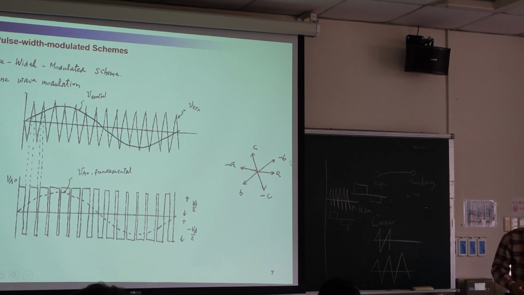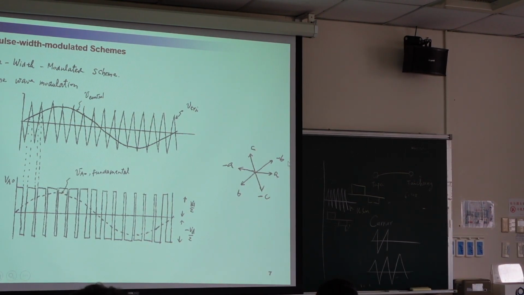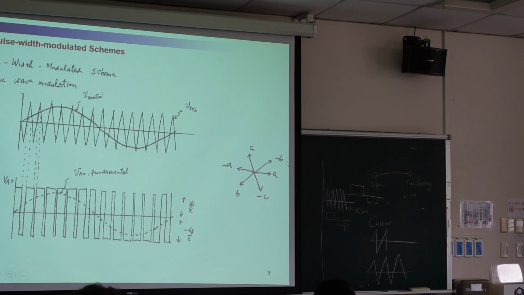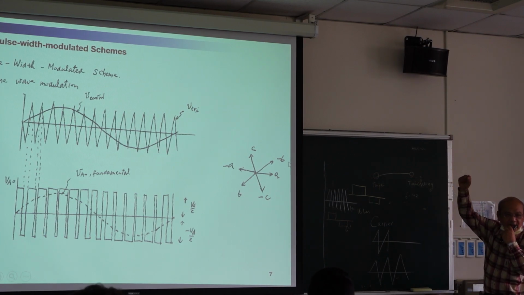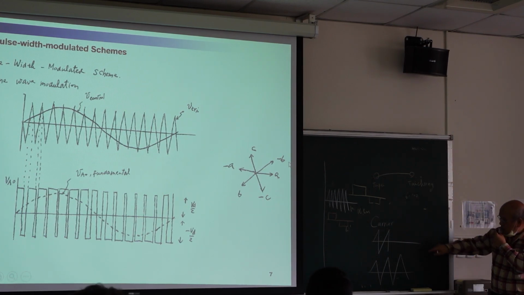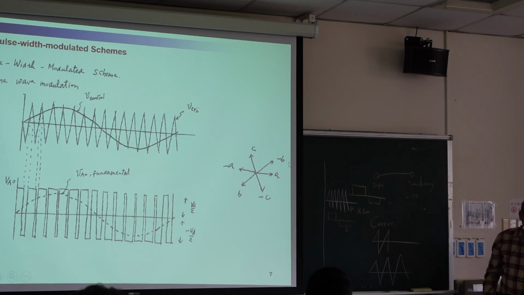So which one is better? Sawtooth or triangular? If you think triangular is better, please raise your hand. If you choose sawtooth, please raise your hand. So which one is better? What is the difference?